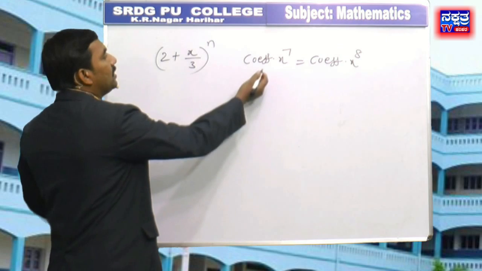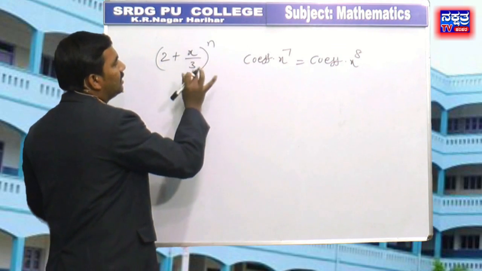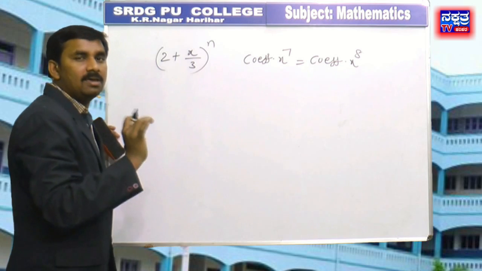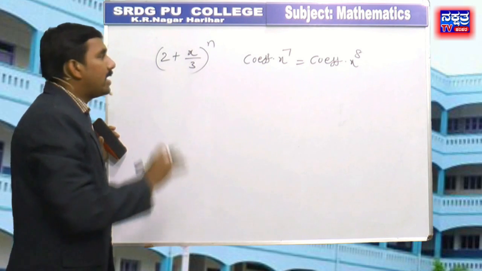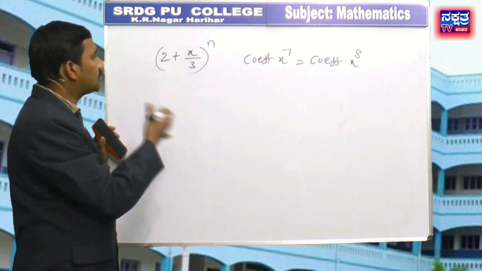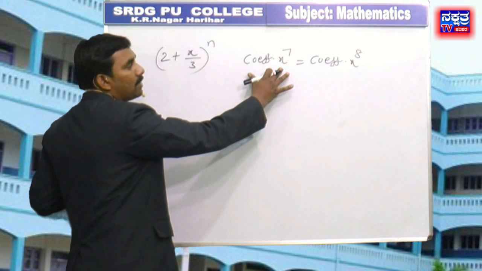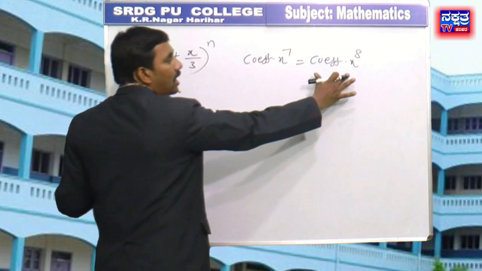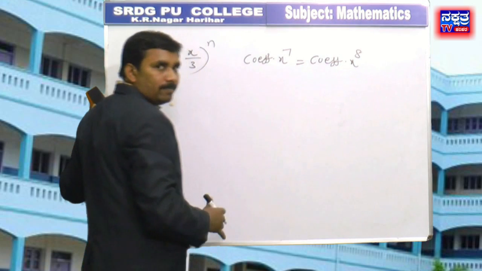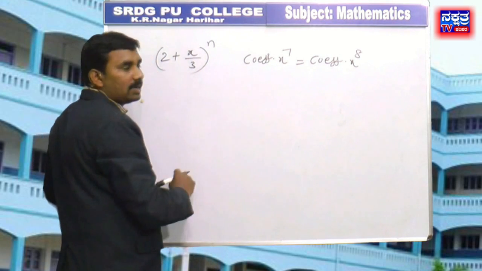So see here, for the coefficient of x power 7, clearly the second term is x only. Hence we will get the x power r term, and those terms only we have to consider. So here we get t r plus 1, that is the t 8th term and the t 9th term, so we will take the coefficients of those.